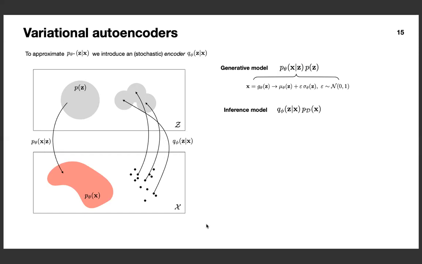That's what we call our encoder function. For the moment, we will parameterize it again as a Gaussian. So with these two things in mind, the question is, how can we find the best parameters theta and phi for the encoder that best describe our data set?